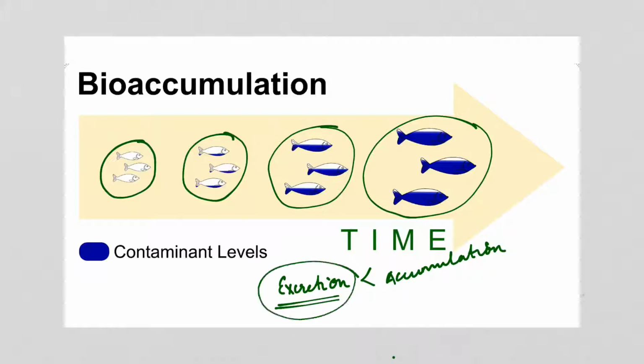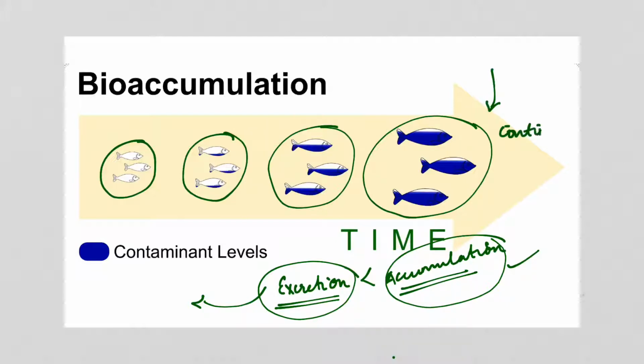These pollutants or the chemicals will be poured out through excretion. But it does not happen when the excretion levels are lesser than accumulation. So when accumulation is high, the organism will continue to accumulate. And whatever is accumulated, if it's not excreted, then it will be deposited and accumulated further.